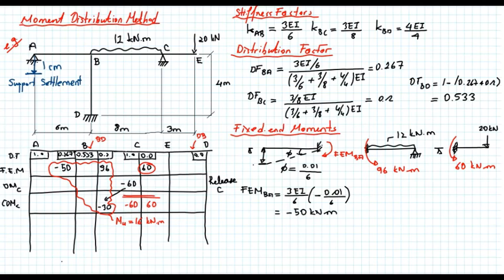So for the distributed moment at B, I take the 16 unbalanced moment and multiply it by the distribution factors. This is minus 4.27. Multiply 16 by 0.533, I got minus 8.53, and multiply it by 0.2, I got minus 3.2. So these are the distributed moments due to rotation at B. Now carryover moments.